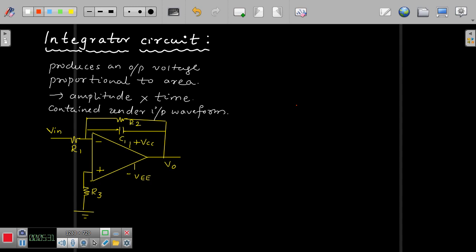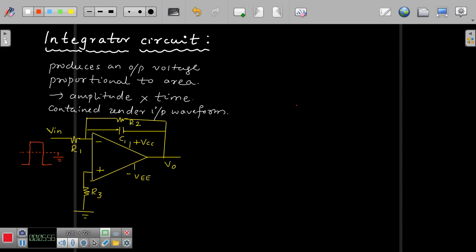Now the input that I am going to give here would be of this nature. Just now I have already told you. Why are we considering this as the input signal? This is a very common signal which we are generally capable of obtaining, right?